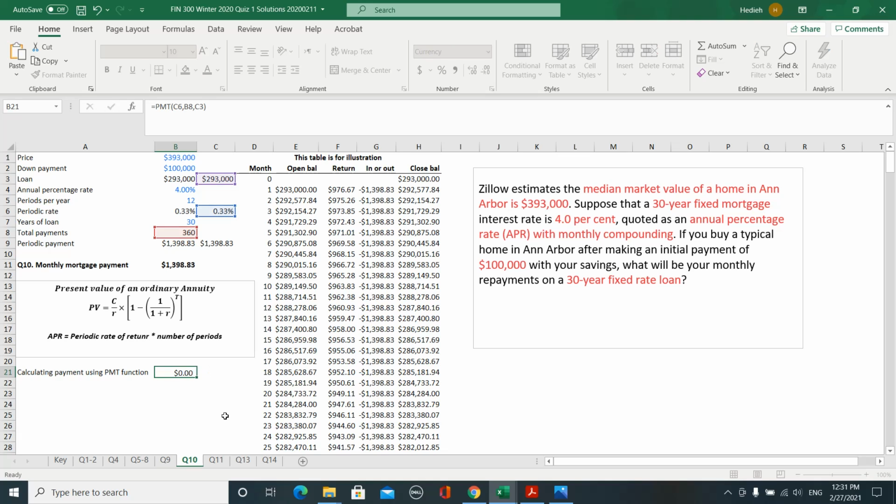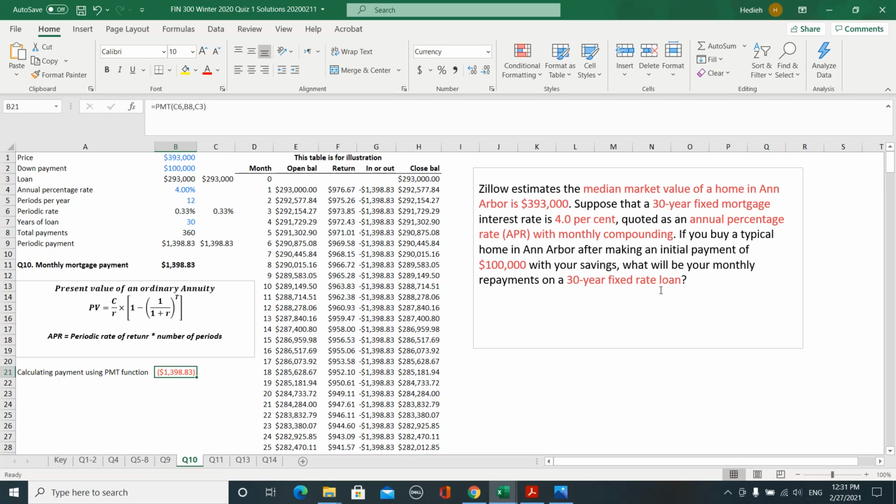So then you click enter and you see that this payment function will give you exactly the same number. Because this is a cash outflow, Excel gives you a negative number, so it puts it in parentheses.